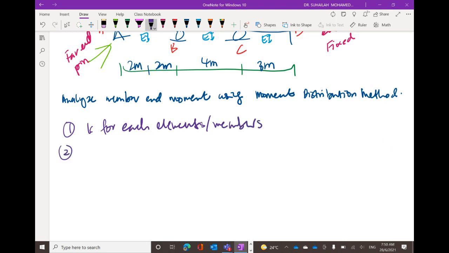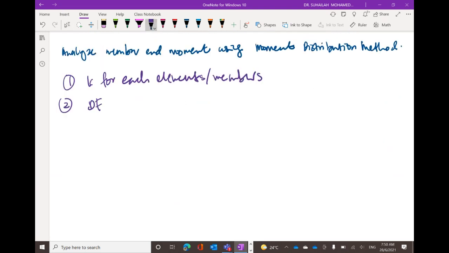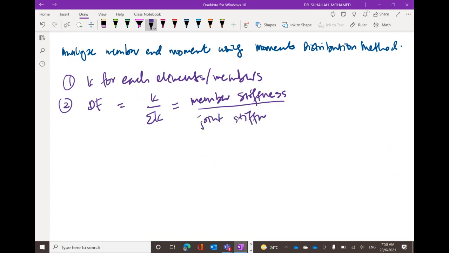After that, we will calculate the distribution factor. Distribution factor is equal to K divided by total K, or it is also equal to member stiffness divided by joint stiffness. The next step after that is fixed end moment.